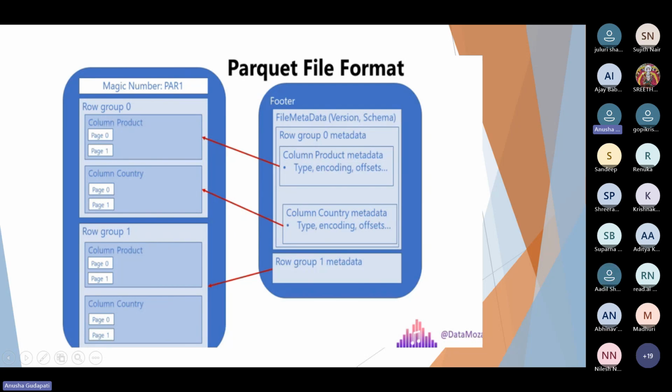Once it is storing this, as soon as you hit a query, with this much metadata information within the file, the query performance will be far better than your existing queries on-premises. I hope that is clear, guys.